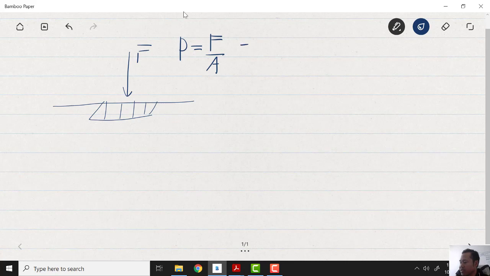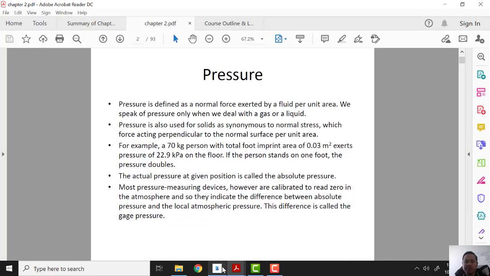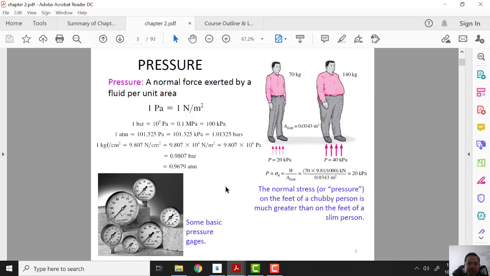So the unit is kilopascal or Pascal, or you can write it as Newton per meter square. The normal stress we learned before in chapter 1 is also called pressure.